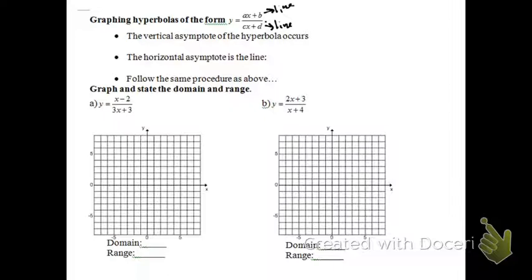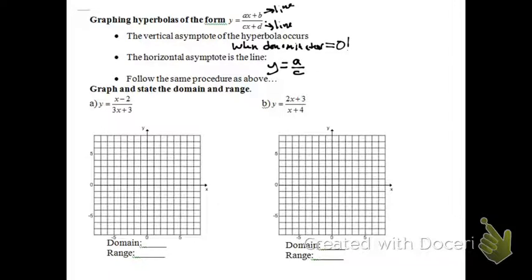Basically, the vertical asymptote of the hyperbola is going to occur when the denominator equals 0. So basically, we're going to set the denominator equal to 0 and solve, and you'll see that in a moment. The horizontal asymptote is just going to be the line y equals a over c.